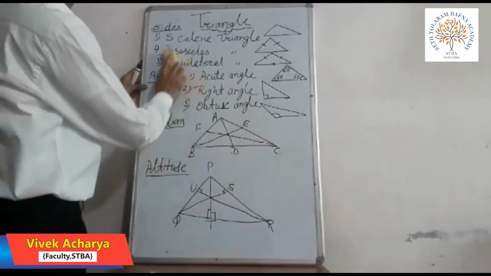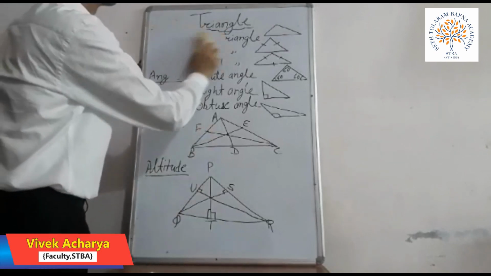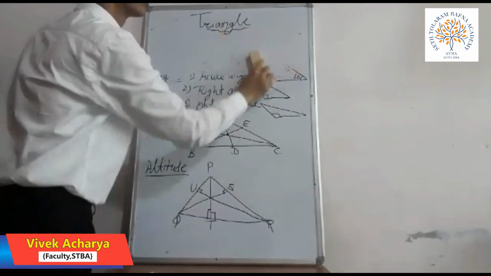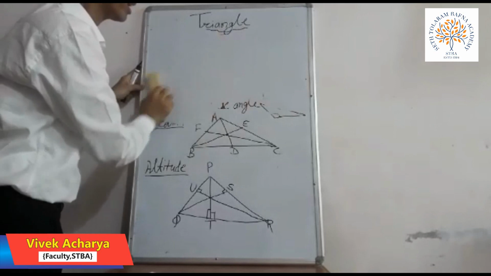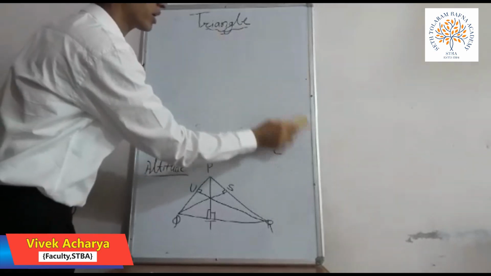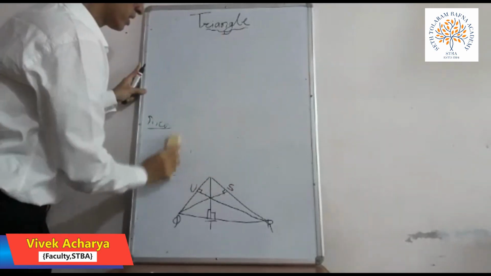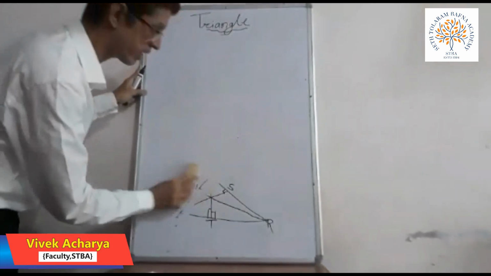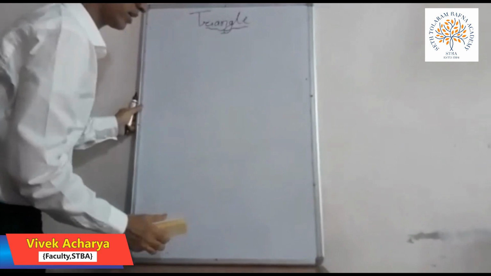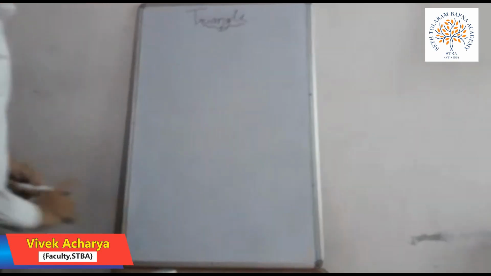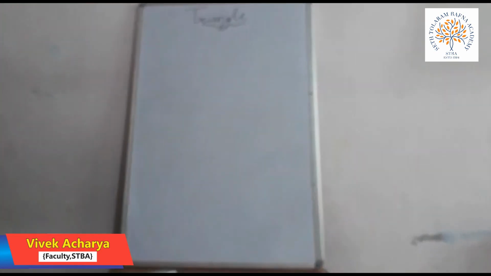Now children, we are going to do two most important properties of a triangle. Very important properties are there. These properties are the angle sum property of a triangle and the exterior angle property of a triangle.